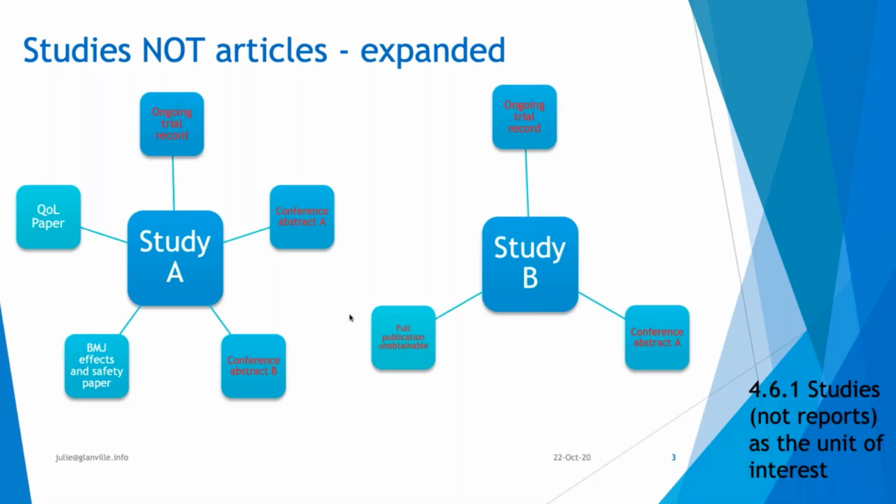So it's really important that we don't forget about the study where we have some information but not the full results yet. And these need to be listed clearly in the review. So there's now more information to make it a lot clearer that there are various contributions to a study.